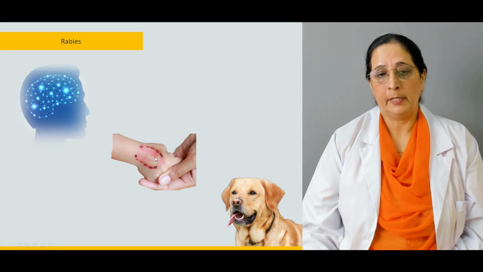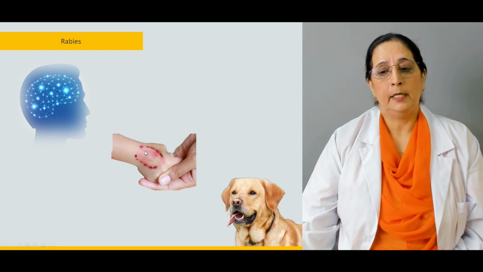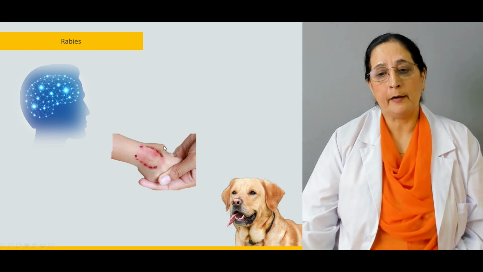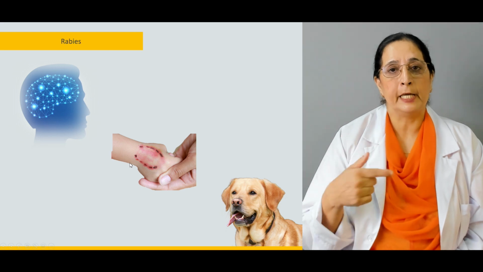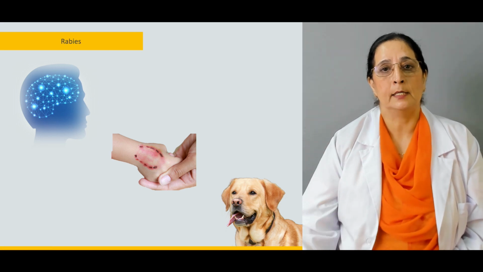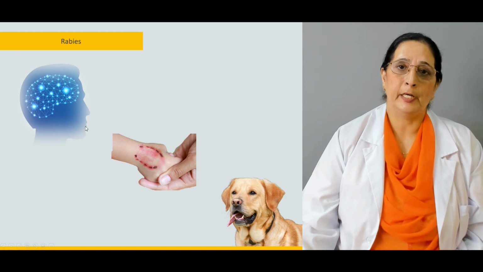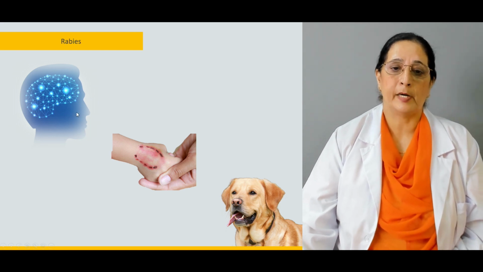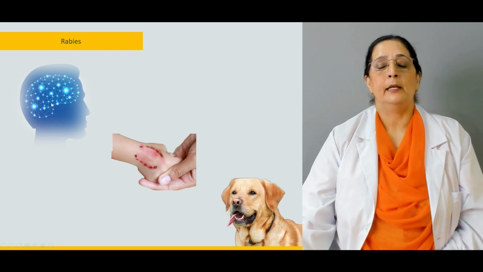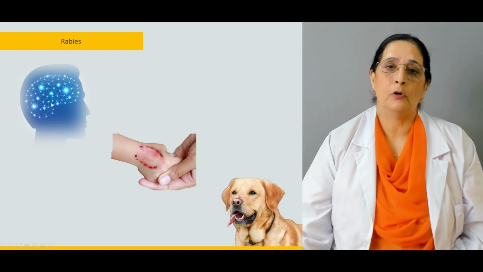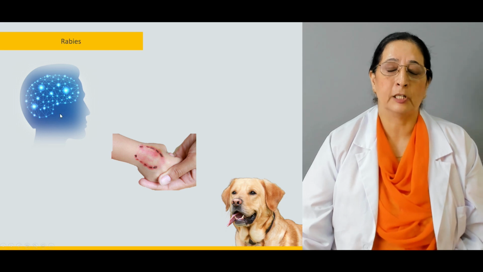From this wound, the virus, after multiplication in the skeletal muscle, goes through the retrograde axonal pathway to the brain, and it causes damage to the neurons and neuronal dysfunctions.